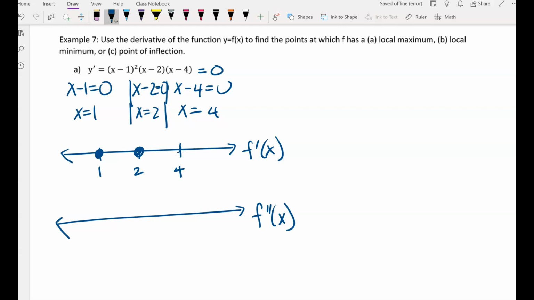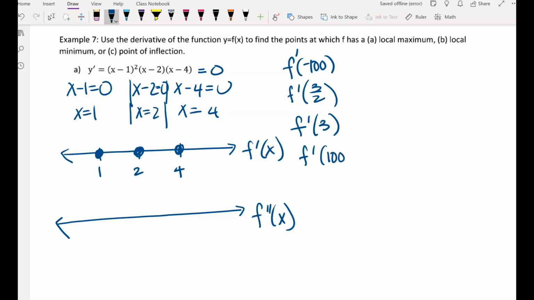These are all the zeros of first derivative. So we just need first derivative, left-hand behavior, first derivative between 1 and 2, so that's 1.5, so 3 over 2, first derivative between 2 and 4, so that's going to be 3, and then right-hand behavior of our first derivative, okay? And all we are looking for is positive and negative.